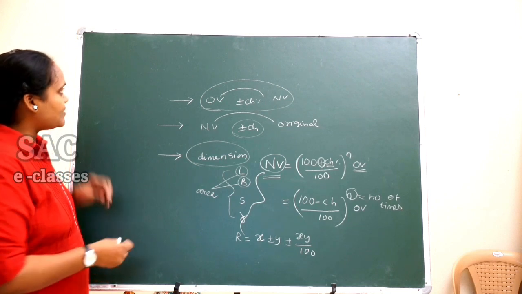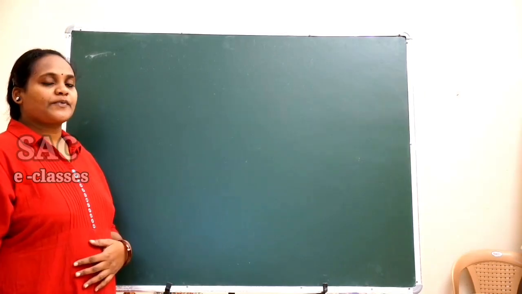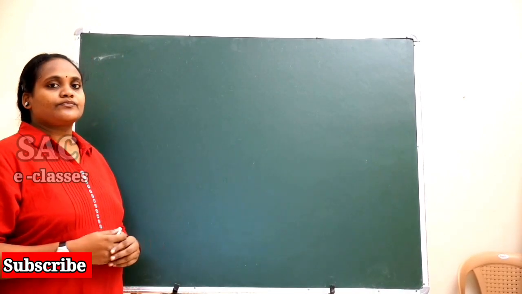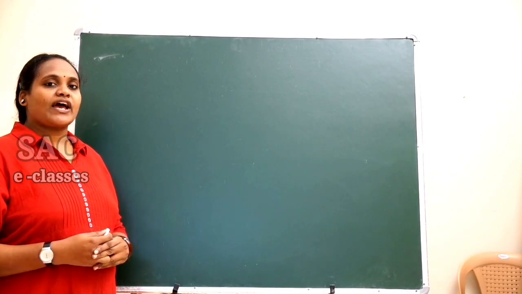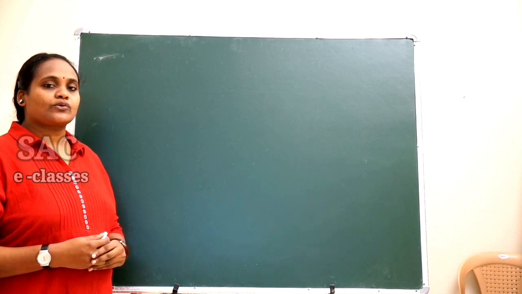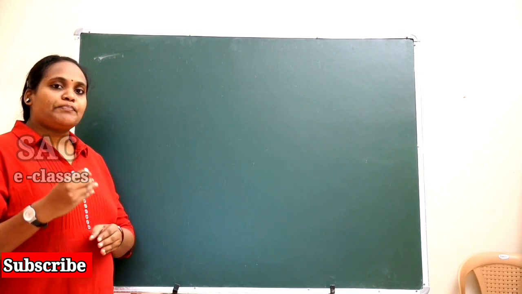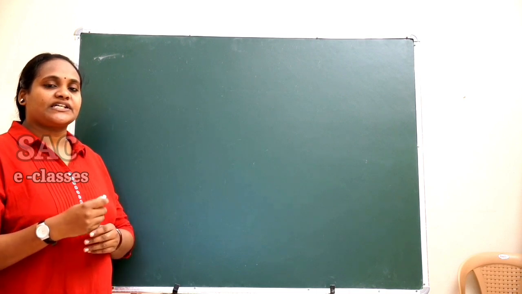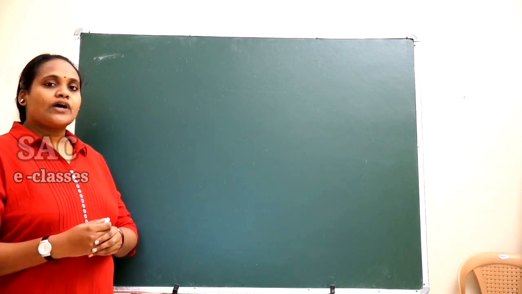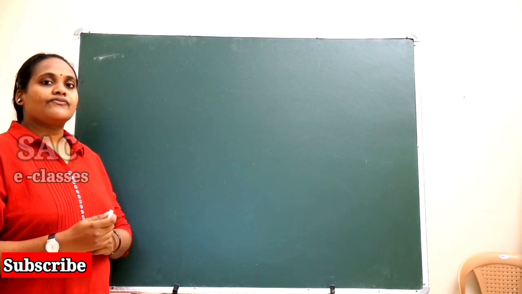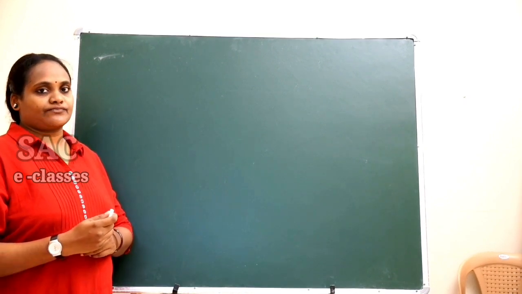First, our problem is about a scooter whose actual value is 10,000 rupees. Its value is depreciated 20% every year. After 2 years, what will be the value of the scooter?